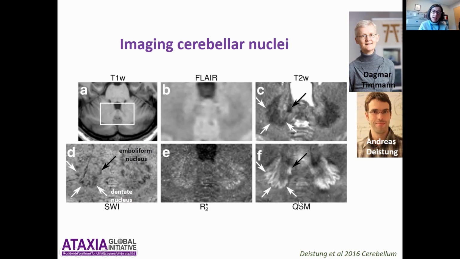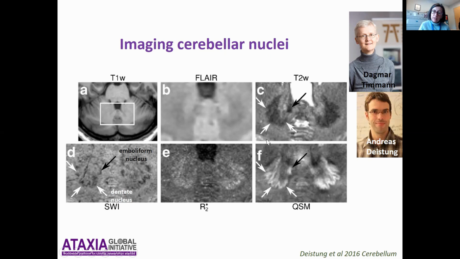And they showed that QSM, a method to analyze the susceptibility weighted images, provides you very nice delineation of the dentate nucleus.